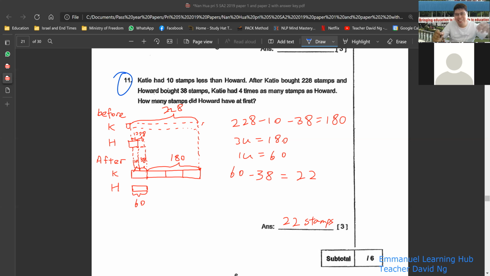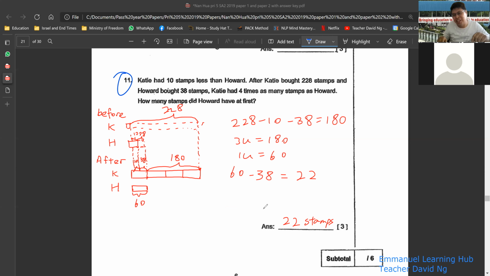Of course, you may feel your mental sum is very good. Remember, I told you, no matter how good you are, there's still a chance you'll make careless mistakes with mental sums. With the calculator, I punch in 60 minus 38 and press equal.